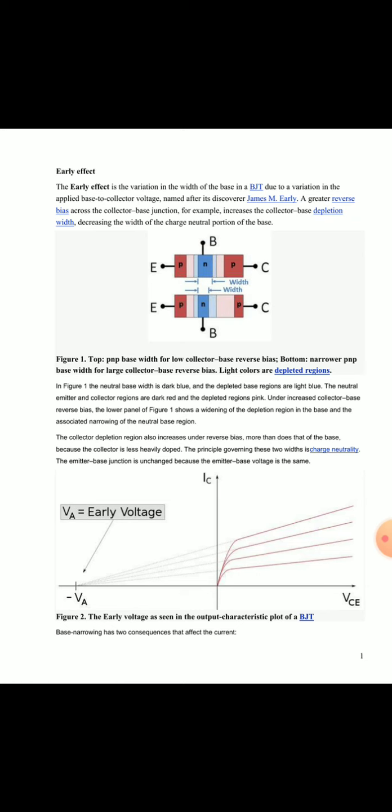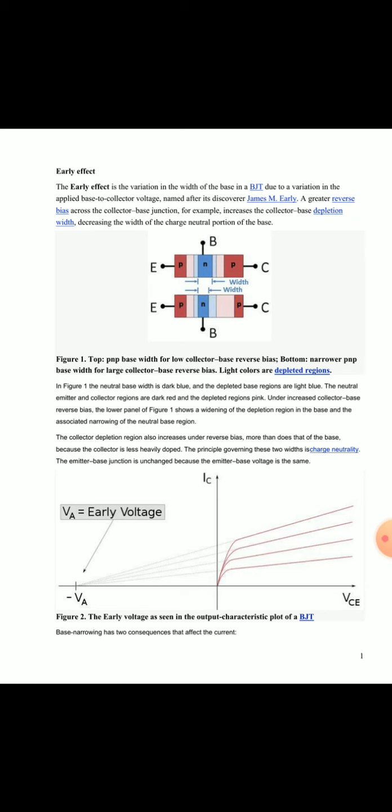Recombination takes place in the effective width. When the reverse bias voltage increases, the width of the depletion region in the base region also increases. So it reduces the electrical base width. Due to the reduction of the electrical base width, there are fewer charged carriers in that area. With the reduction of the effective width, the concentration of charge in the base region increases.